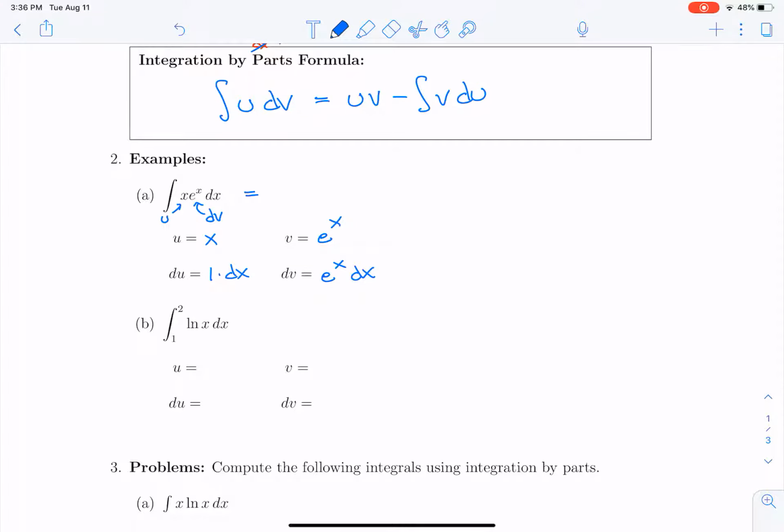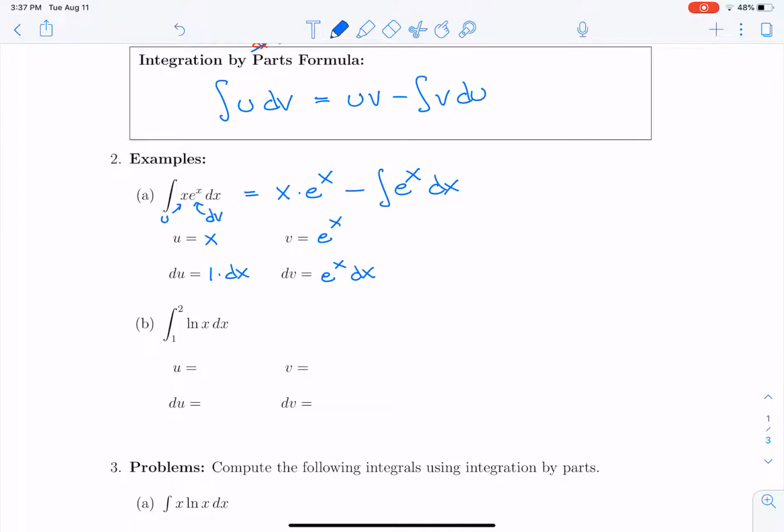So we're going to use the integration by parts formula, and that formula says that this integral of u dv is equal to u times v. So u is x, and v is e to the x, minus the integral of v. In this case, v is e to the x. And then notice that du is just 1 dx.